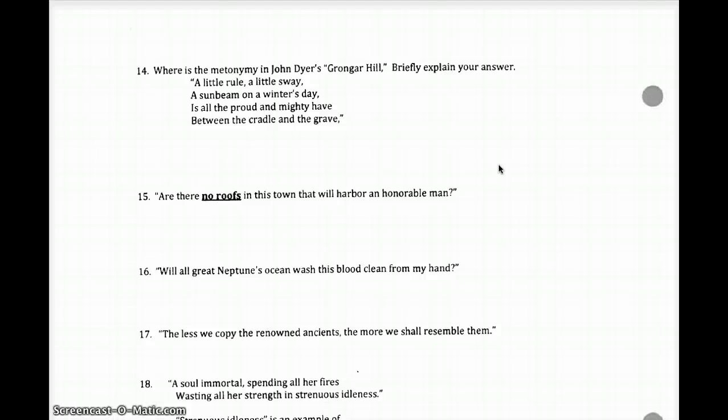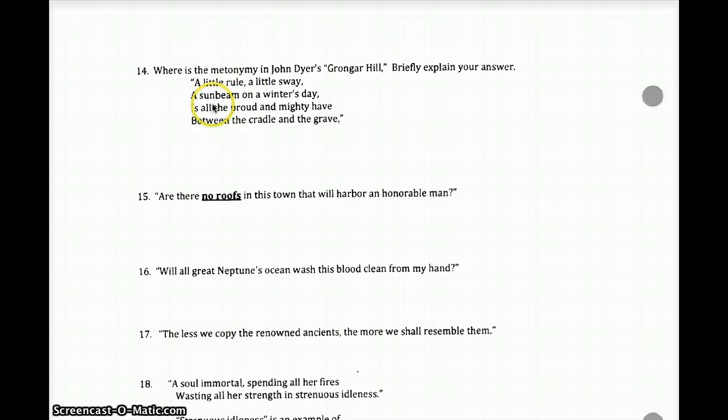The metonymy in number 14 is the cradle and the grave, as a way of expressing a lifetime, right? These two things are associated with birth and then with death. And metonymy is an association like that. If you wanted to argue that the sunbeam was being substituted for happiness, then you could probably argue that was metonymy.